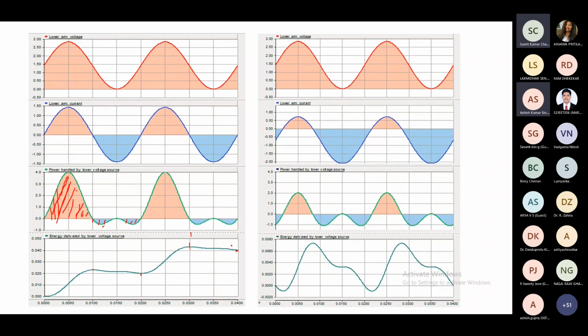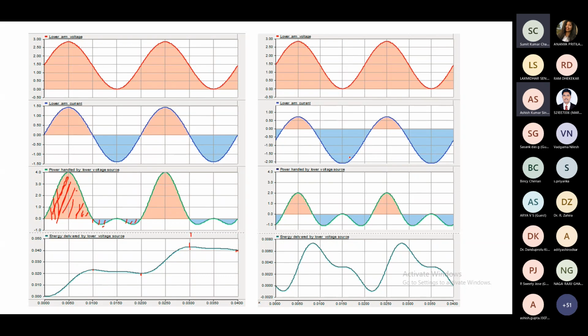What is the effect of this DC component? You can see the current here. If we add some DC current of proper magnitude and direction, the current waveform gets a DC offset here. This is the same sinusoidal current as shown on the left side, and the same output voltage, but there is a DC offset of appropriate magnitude in the output current.